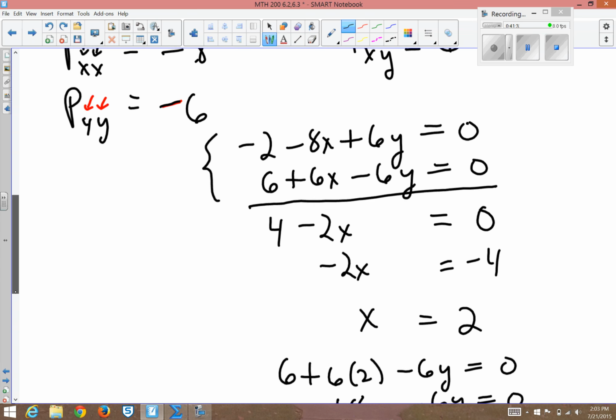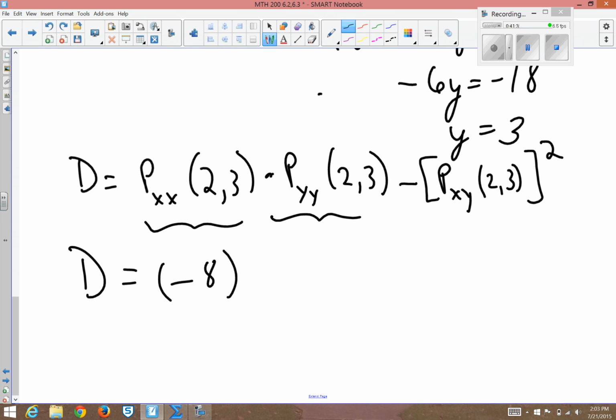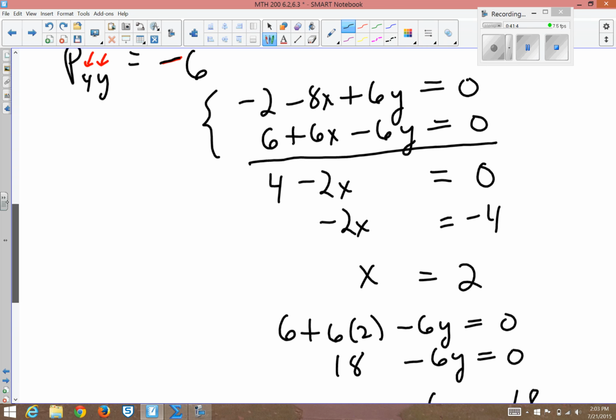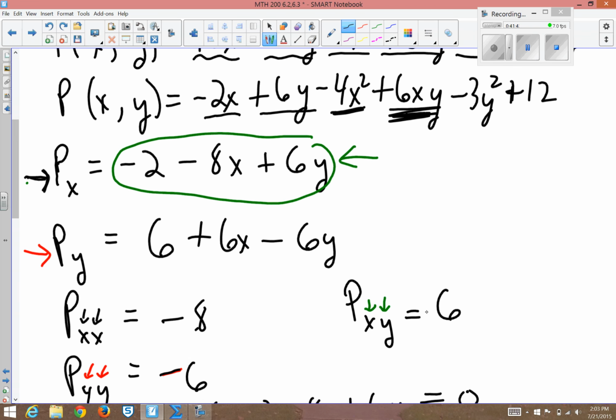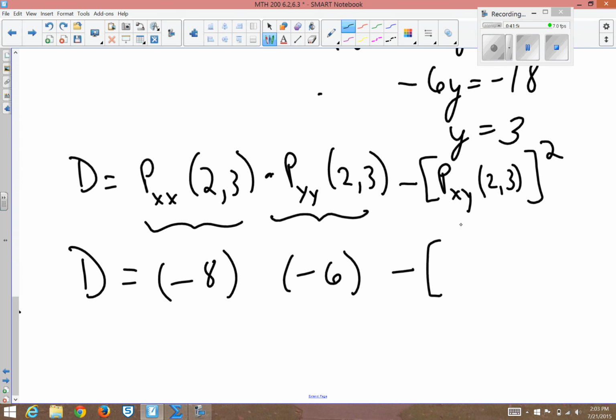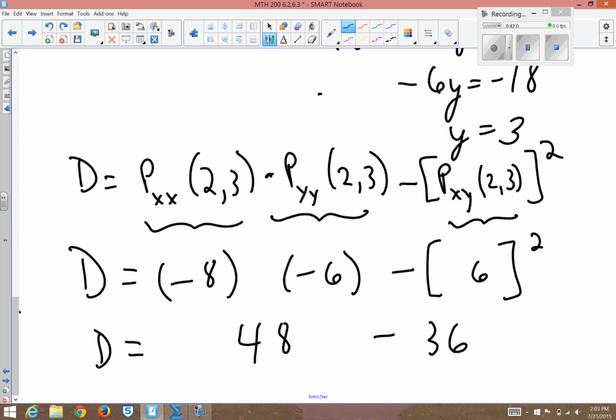And then minus P subscript xy. That also came out to be a constant, meaning it's always 6 no matter what x and y are. Don't forget this exponent. That's part of the formula for what D equals. So D equals positive 48 minus 36, which is 12.